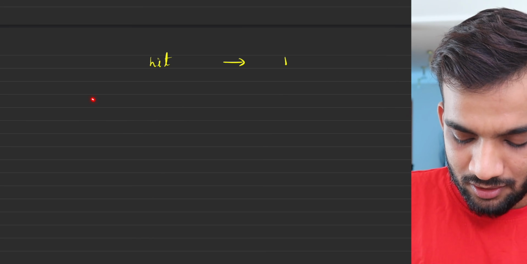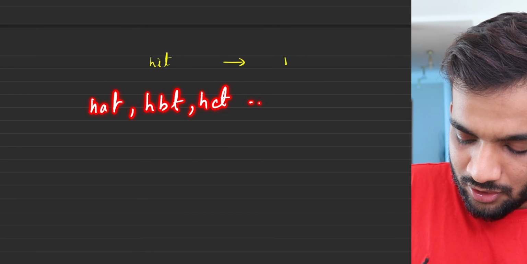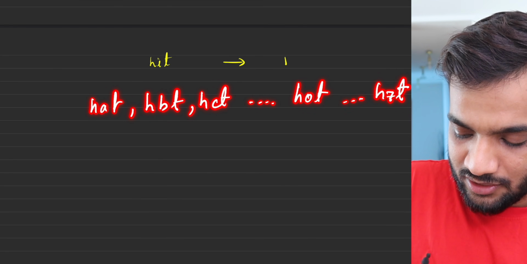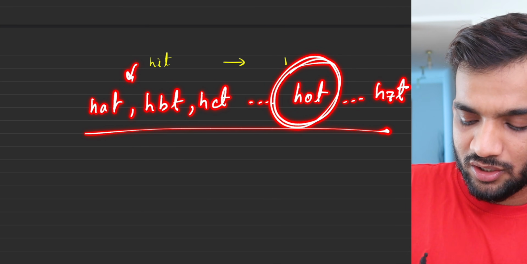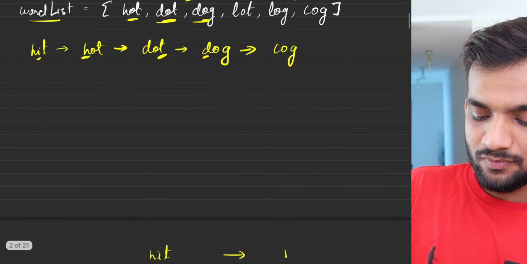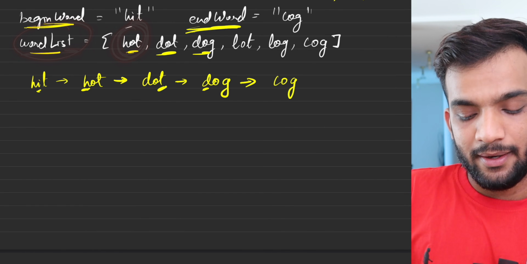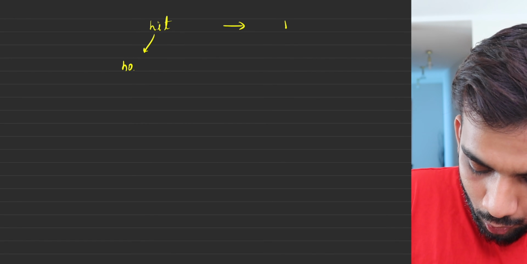Next, I'll take I, and I'll try to change it from A to Z. So I'll get HAT, HBT, HCT, HOT, and so on till HZT. These are all the words that I can change hit to, and apparently, only hot does exist. So from hit, I can go to hot.